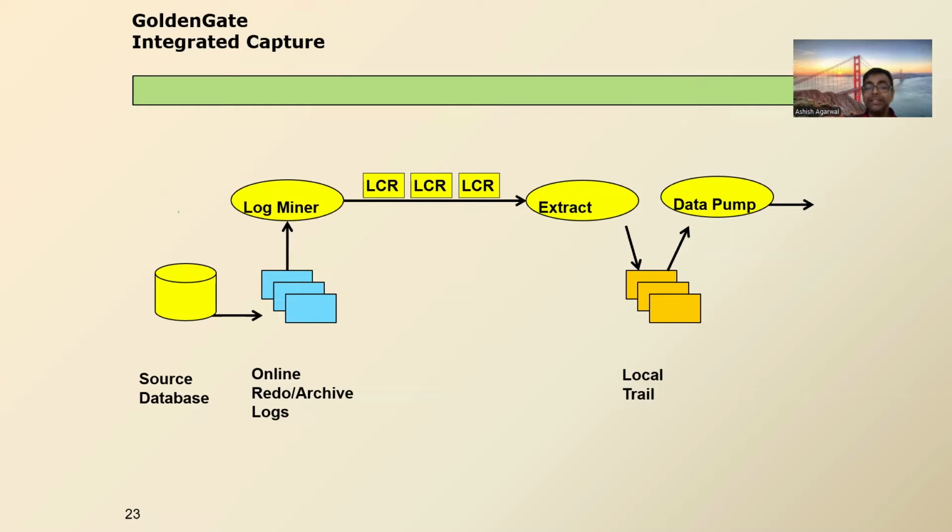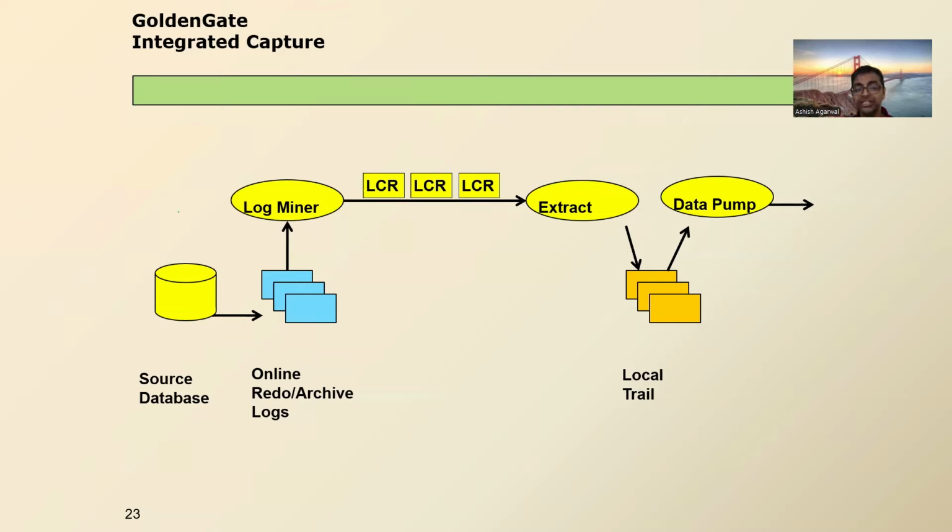So again, I repeat, this is how integrated extract works. Whatever changes are happening in the database get written into the database transaction log, so basically redo logs and archive logs.